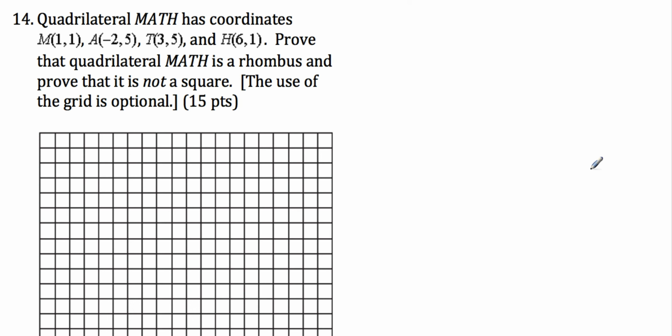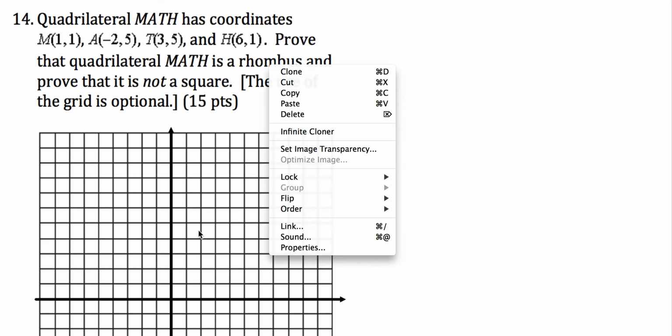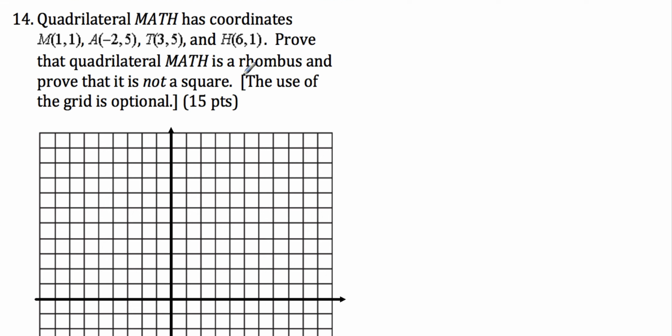Let's go for the last question, number 14. Quadrilateral MATH has coordinates, and we need to prove that it's a rhombus, but it's not a square. So what are we going to do? We're going to first draw the line segments. M is 1, 1. A is negative 2, 5.